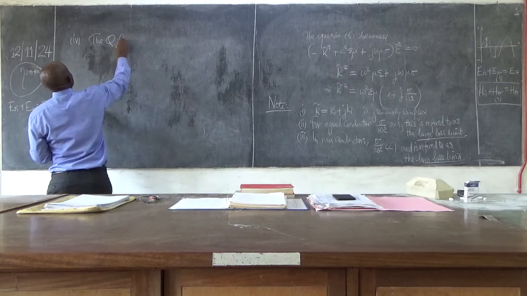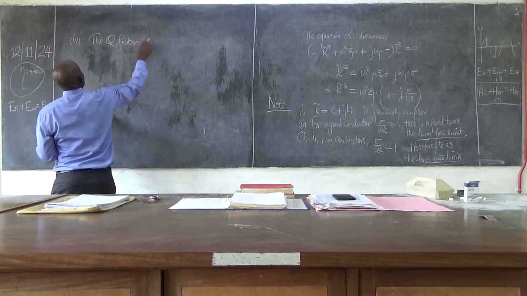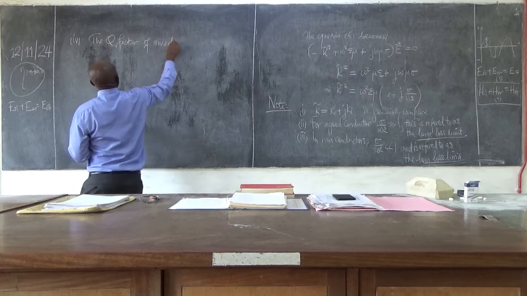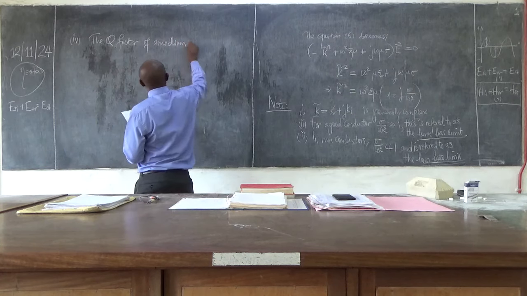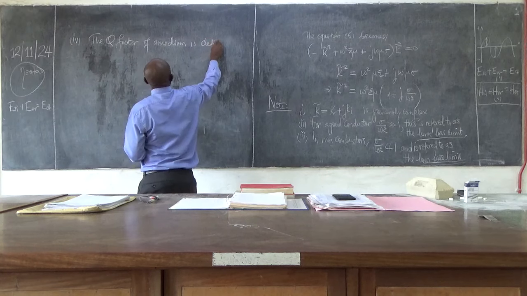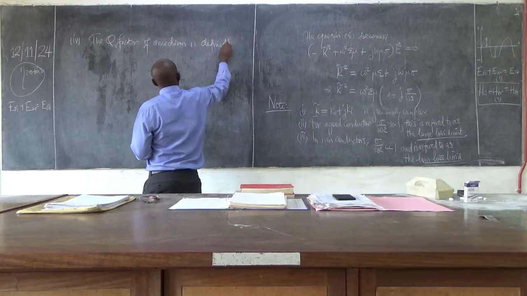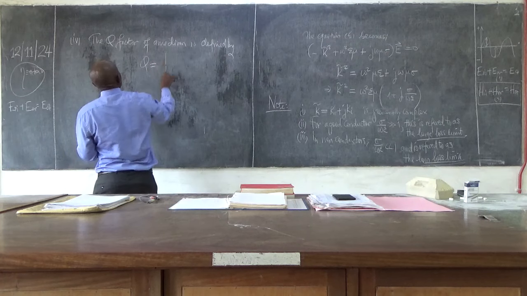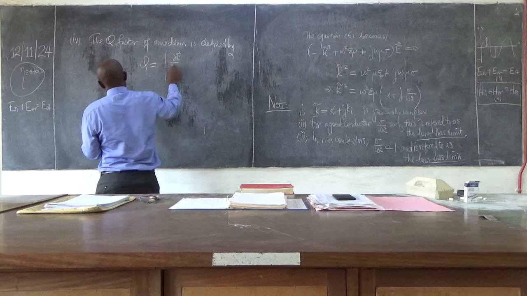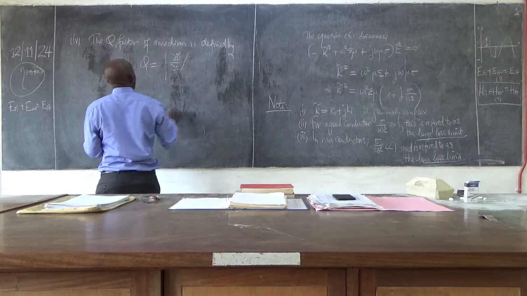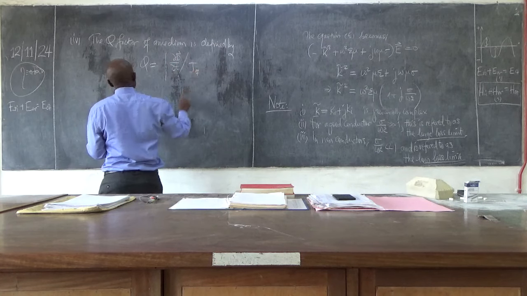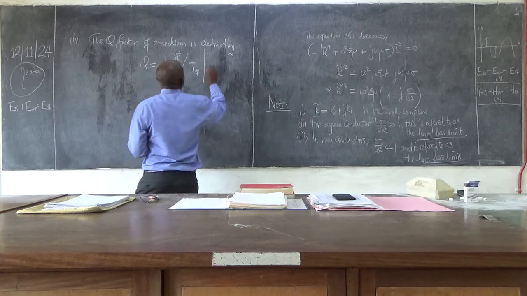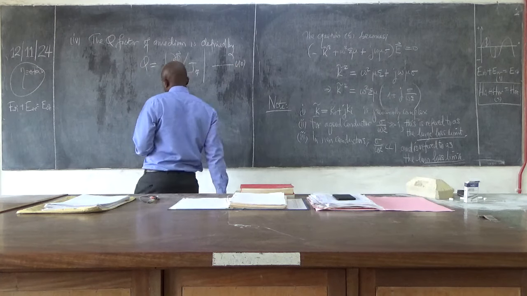So the quality factor of the medium is defined by the quality factor being the same as the displacement current density over the conduction current density, J free. This is our equation 10.